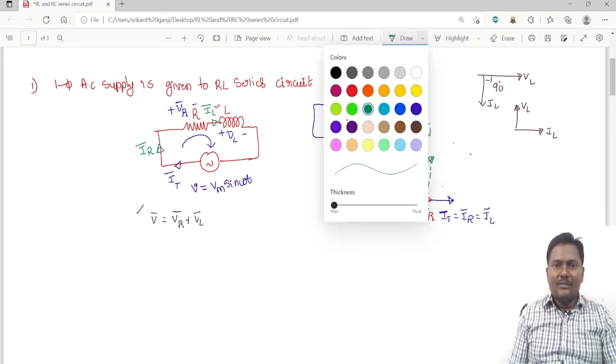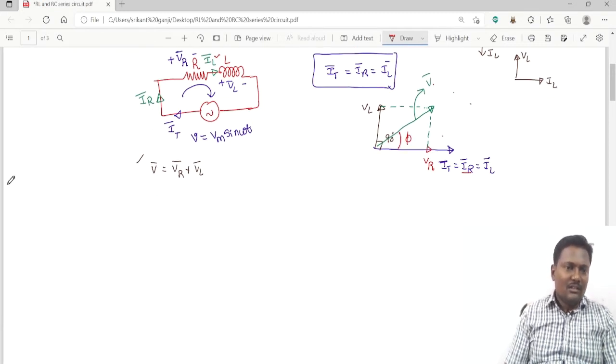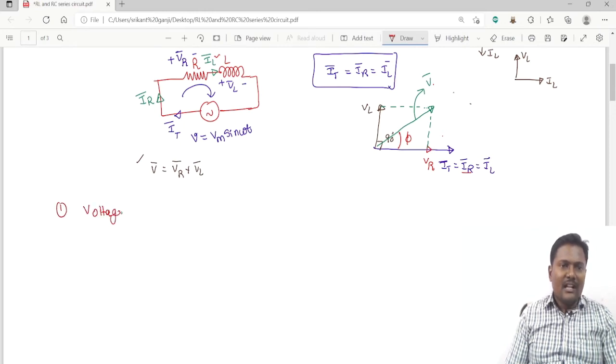The angle between V bar and I is called the power factor angle. From this the first triangle is formed, called the voltage triangle.